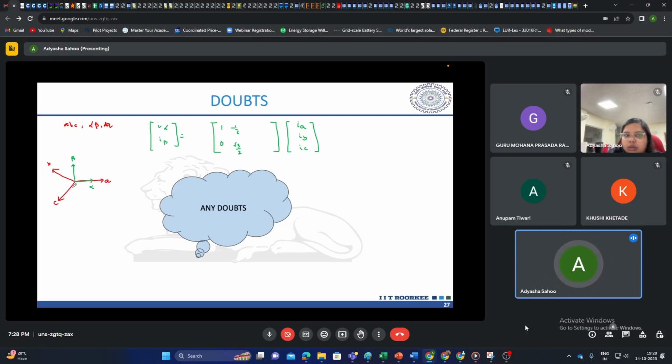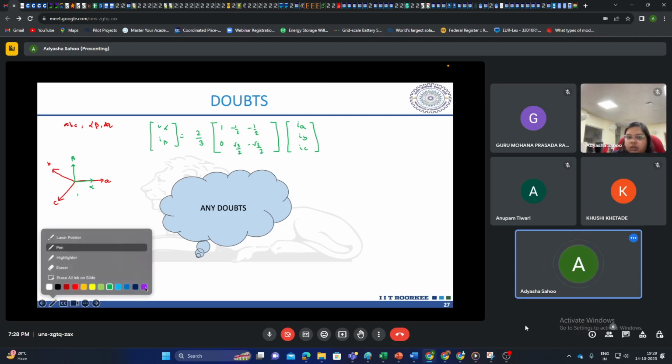And then lastly coming to the C again. If I decompose, it will be negative for both. You can see it will be opposing both this alpha and beta axis. So this was according to their direction. Then to balance out their magnitude, we need to multiply it with a factor of 2 by 3. This is how you transform from ABC frame of reference to alpha beta frame of reference. Next, coming to the DQ frame of reference.